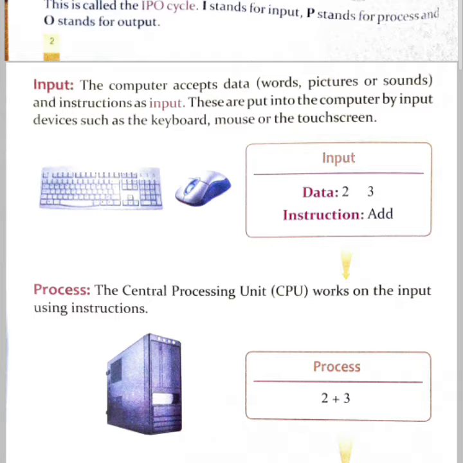Then the next step is the process. The central processing unit, CPU, works on the input using instructions. The instructions which you have given, then the CPU will process it. Like our brain, whatever signals we send through nose, ears, hands, the other body parts, the brain receives the signal and acts as a processor and gives the command.